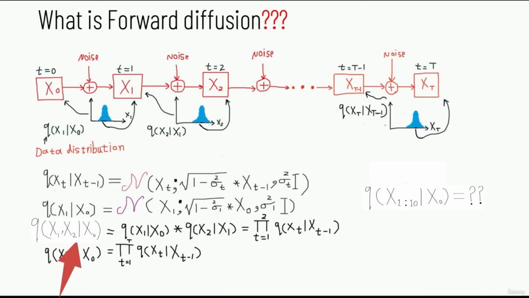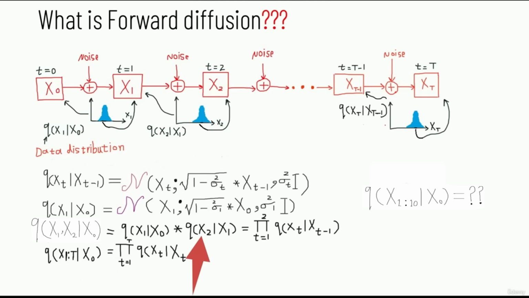This distribution will have the probability density for each possible combination of x1 and x2 variables, or in other words, all possible sequences of x1 and x2. It is equal to the distribution of the x1 variable given x0, which is q of x1 given x0, times the distribution of the x2 variable given x1, so q of x2 given x1.